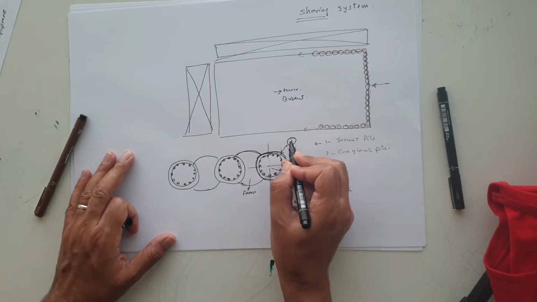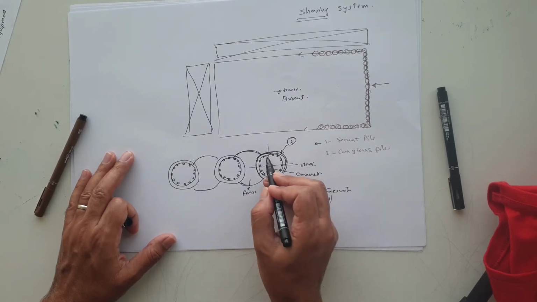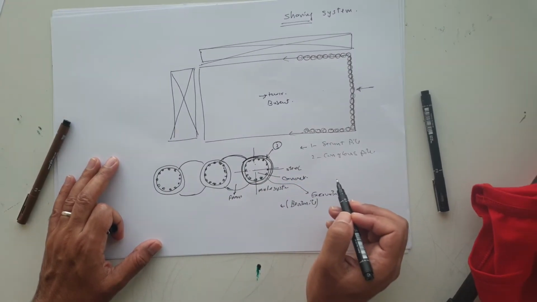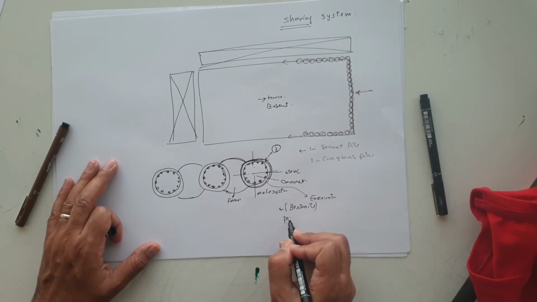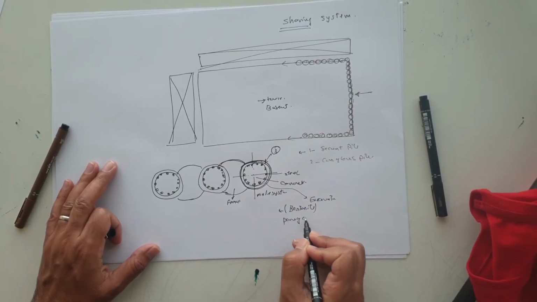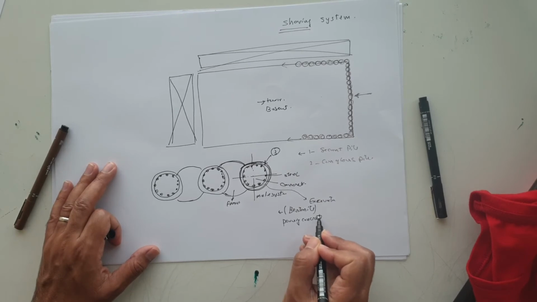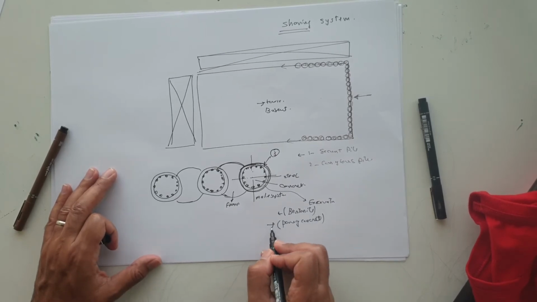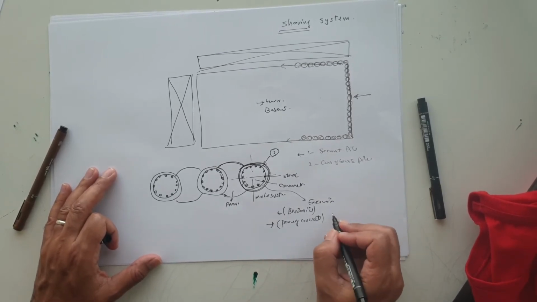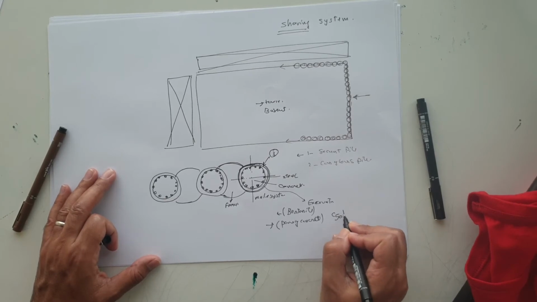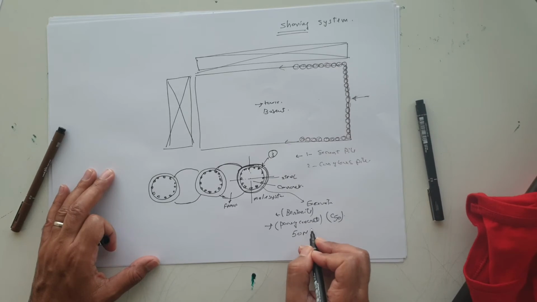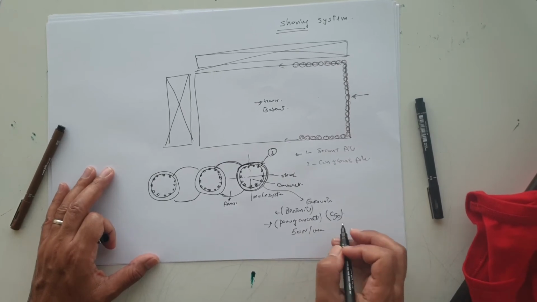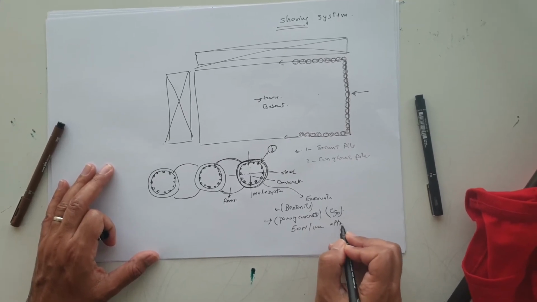This is number 3. We put the steel which we already prepared outside. Then we cast and pour concrete. And when we cast the concrete, it depends on the strength of the concrete. Usually we use C50, which is 50 Newton per square millimeter after 28 days.